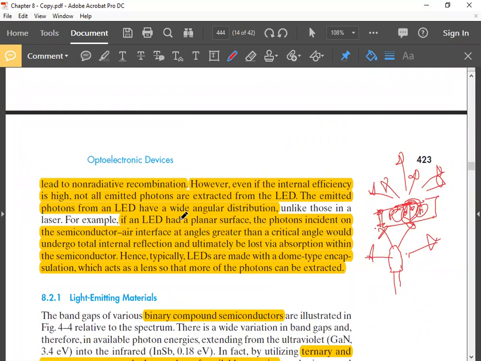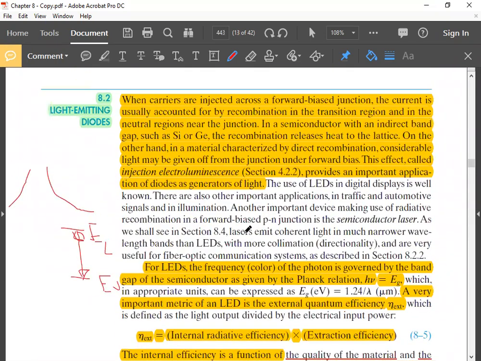If an LED has a planar surface, the photons incident on the semiconductor-air interface at angles greater than the critical angle would undergo total internal reflection and ultimately be lost via absorption within the semiconductor. Hence, typically LEDs are made with dome-shaped encapsulation, which acts as a lens so that more of the photons can be extracted. The things I just mentioned. So this is about LED.